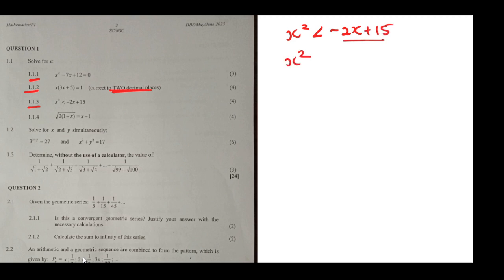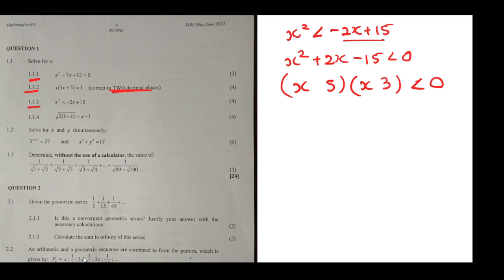We have x squared plus 2x minus 15 less than 0. Factorize: factors of x squared are x and x. Factors of 15 such that they give you the middle term are 5 and 3. The bigger number takes the sign of the middle term. Always put your critical values when you have an inequality sign: x equals minus 5 or x equals 3.